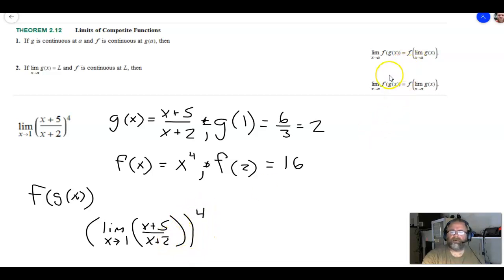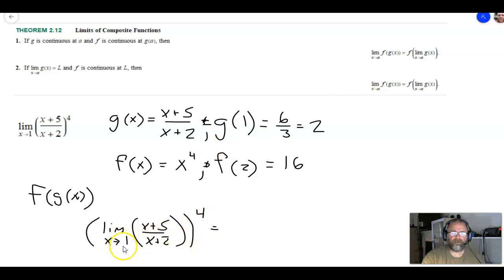So that's basically what we're doing. We're taking the limit of the composite function, and then we are just finding the limit of the inner function, and then taking the outer function there, just like this.